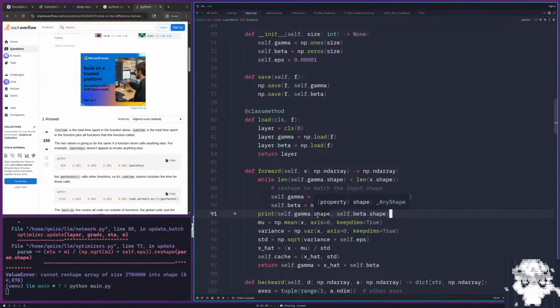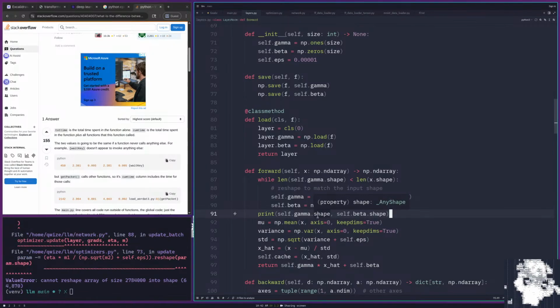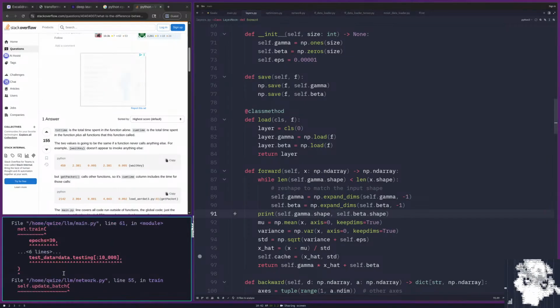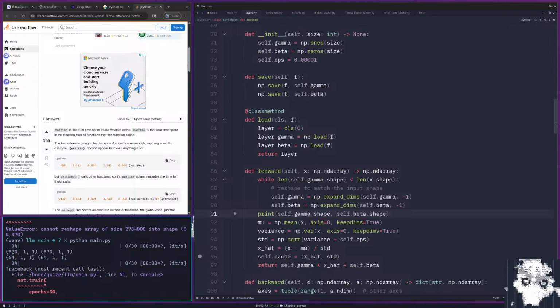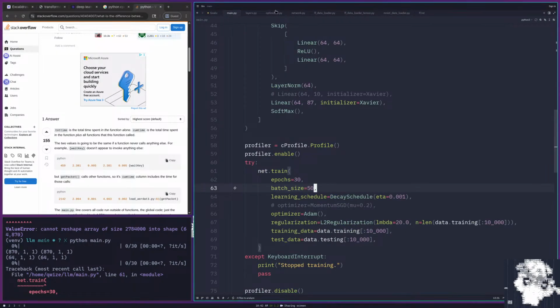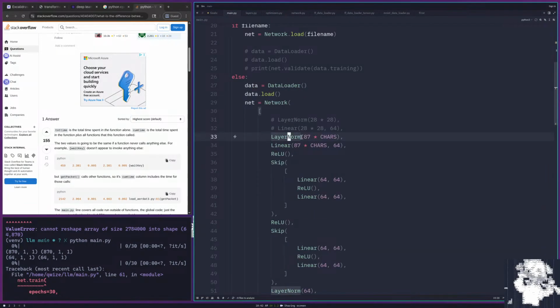Should be 87,150 or maybe 8750. Probably just 8750. 870. Where is that coming from? Oh, the first layer norm actually is 870, because it's 10 characters. I forgot about that. And then we're going 1, 1.